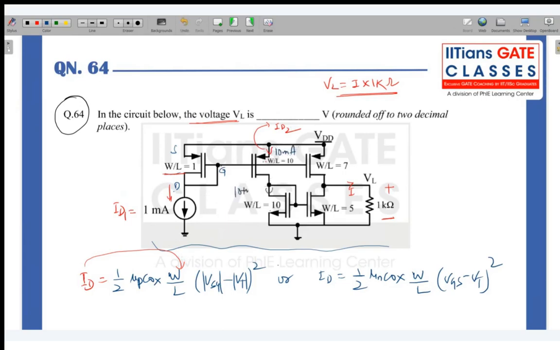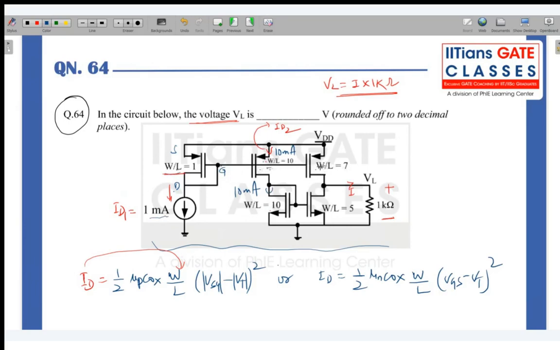Now they have connected here the n channel MOSFET based current mirror. Again, current mirror means if W by L ratios are matching, whatever current 1 milliampere is flowing, the same current will flow here as well. And again, you see this is W by L equal to 7, and these two transistors are connected in parallel.